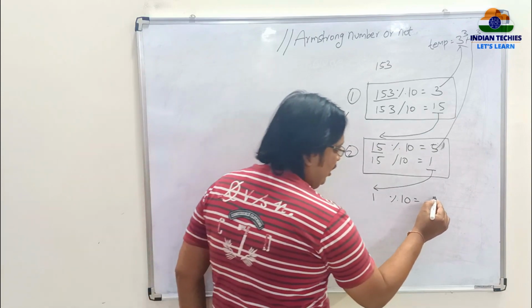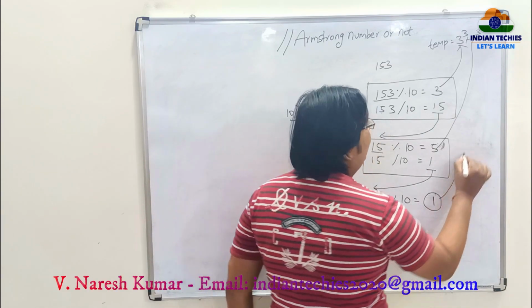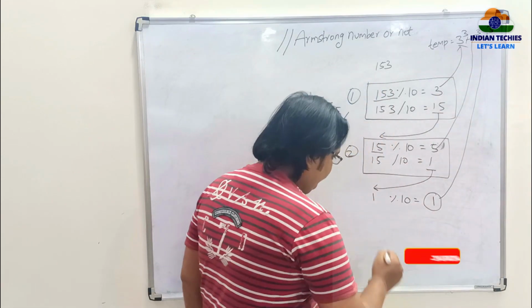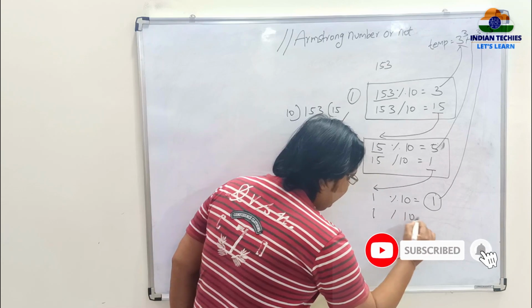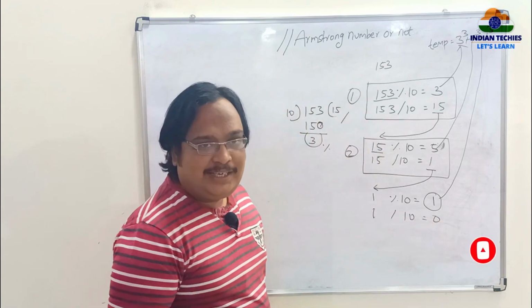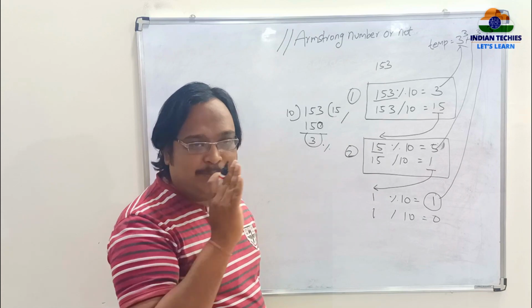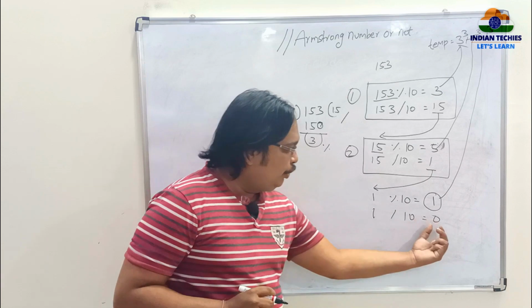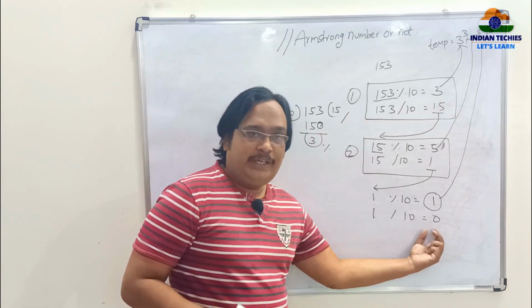So now you got 1. You add this 1 to the previous result by making it a cube. Now 1 divided by 10, you will get 0 point something. Since we store it as an integer, the decimal values will be ignored, so it will store only 0.